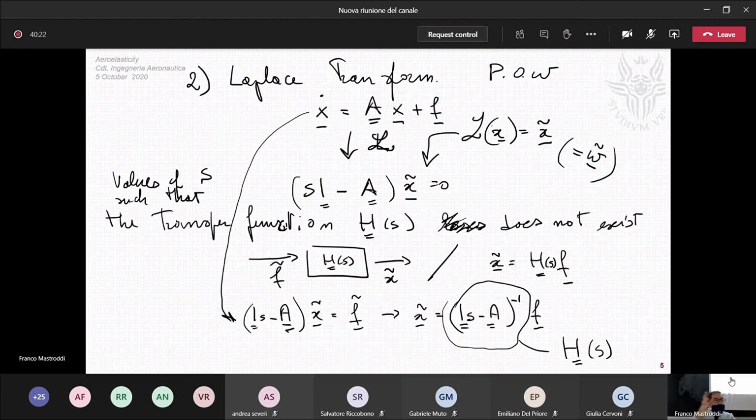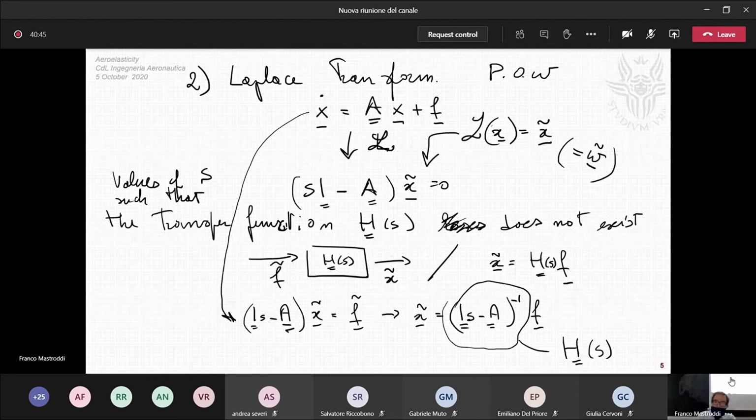If I reduce my system, I can always reduce a second order system to first order form. But the state space matrix, which I will calculate from my original mass matrix and stiffness matrix, loses meaning for me. Okay? This is the motivation.